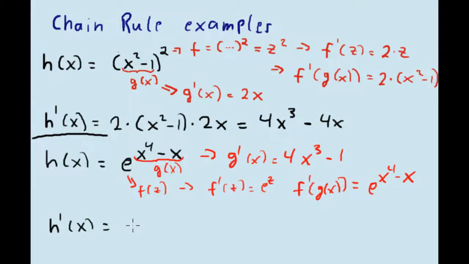We've just learned that outer is this factor, e to the x to the 4 minus x, times, and again I should probably put parentheses around this, times the inner, which is written up here, 4x cubed minus 1. If you didn't put brackets around, you would have an incorrect result. That is the proper way of writing it. This means that the exponential multiplies both this term and that.